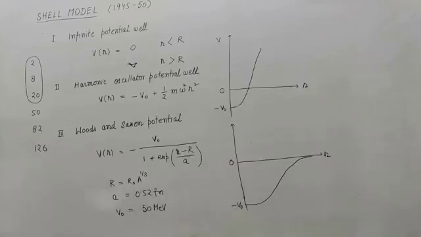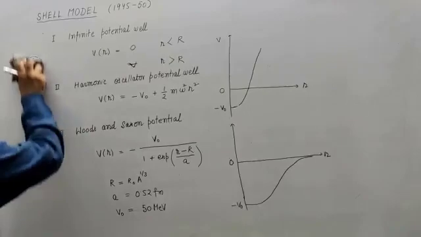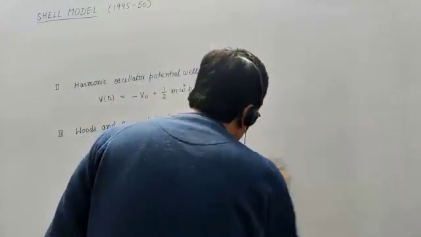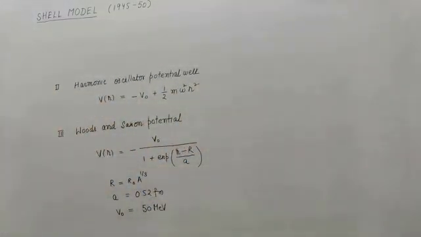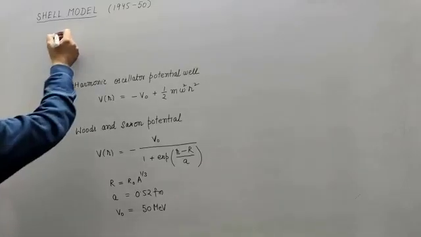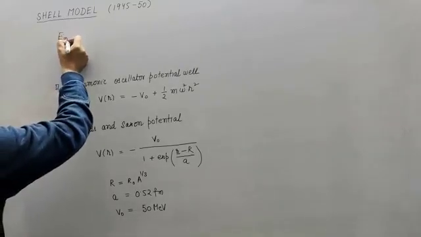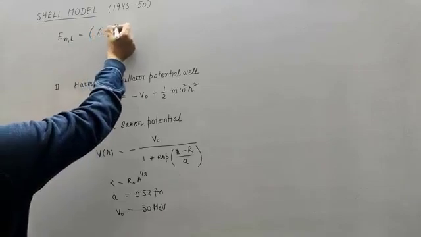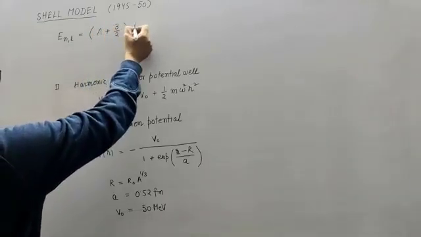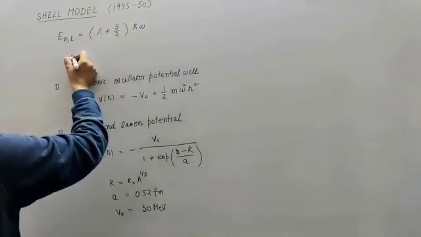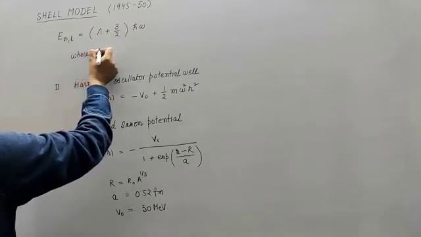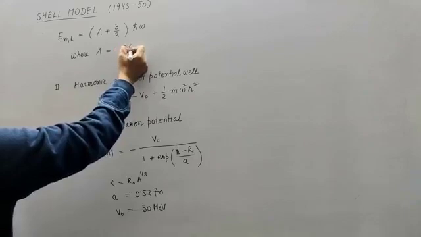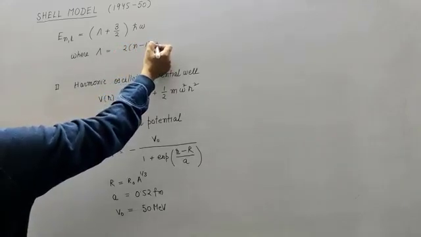When we substitute this inside the Schrodinger equation, we find the energy eigenvalues E_nl, given by E_nl is equal to lambda plus 3 by 2 times h cross omega, where lambda is equal to 2 times (n minus 1) plus l.